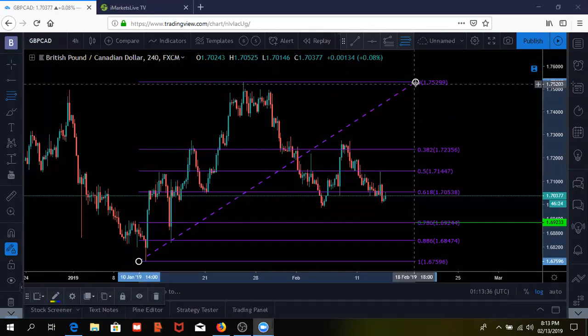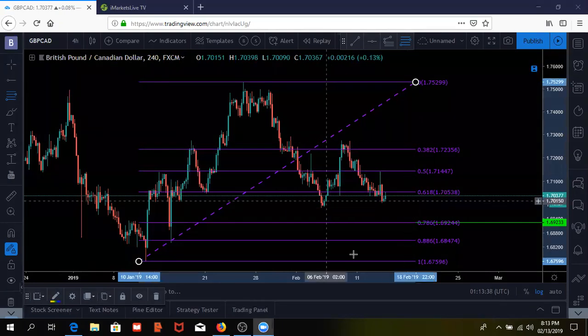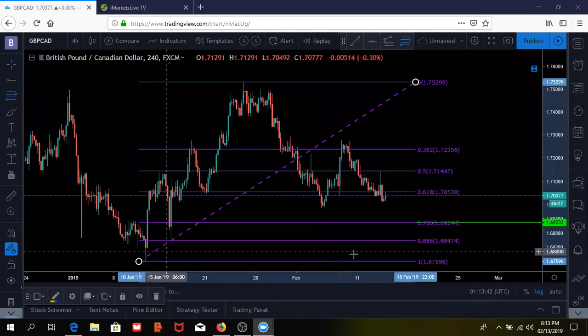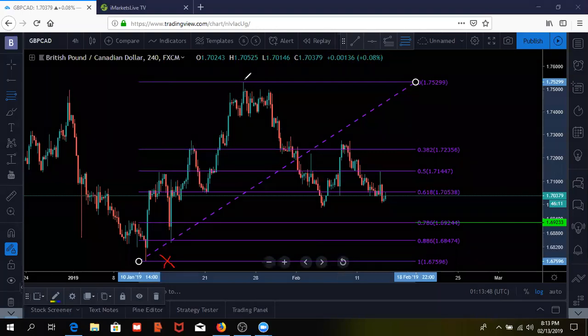Now, what I want to do now that I have that identified, I have everything, well, not everything, but I have my XAB leg identified. I have my X, my A leg, my B leg identified, okay? So I should be looking for a potential Gartley pattern based off of that move.